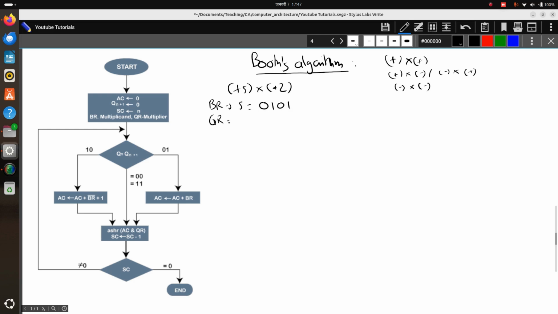Represent QR as 2. In binary we write it as 0 0 1 0. We also find out BR complement. So basically the ones complement of BR is 1 0 1 0, and also find out 2's complement of BR, which is 1 0 1 1. So using these values, now we're going to proceed into the algorithm.